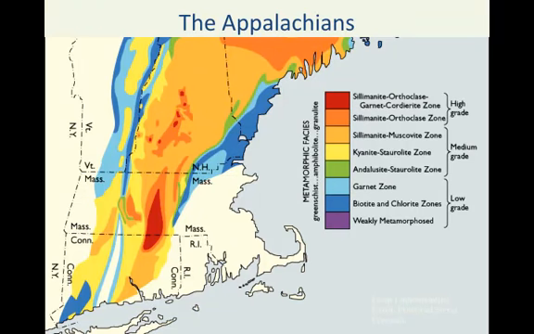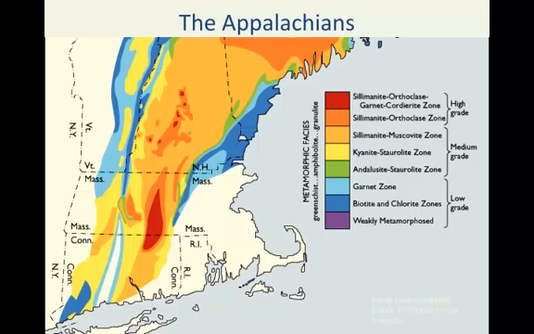I would be remiss if I didn't point out that we have these regionally metamorphosed rocks as well along the east coast in the Appalachians. So you see both Barrovian and Buchan metamorphic assemblages reflected in these colors here on the map.